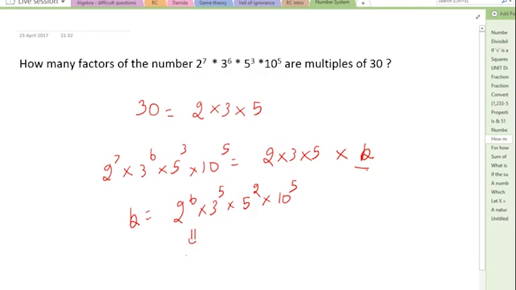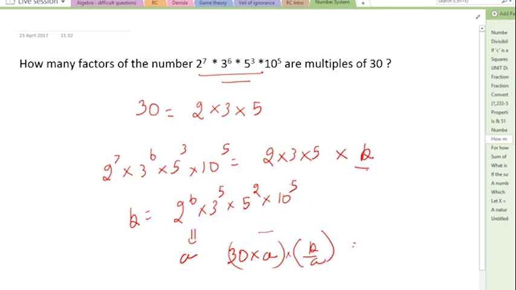So let's say a is a factor of k, then 30 into a will divide the bigger number because it divides k, right? So whatever remains after it, these will be the two factors of the bigger number.